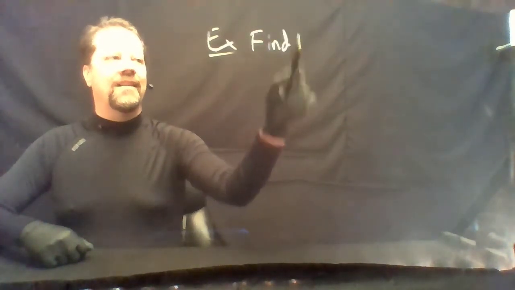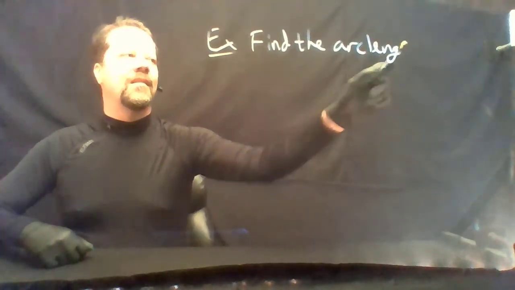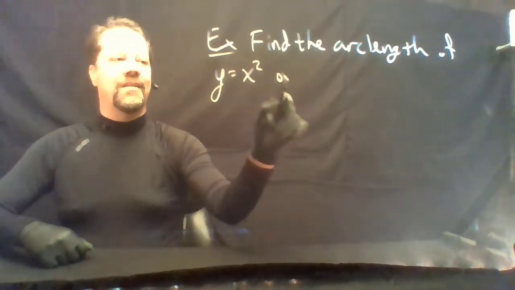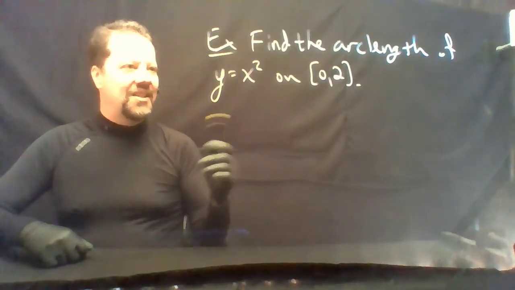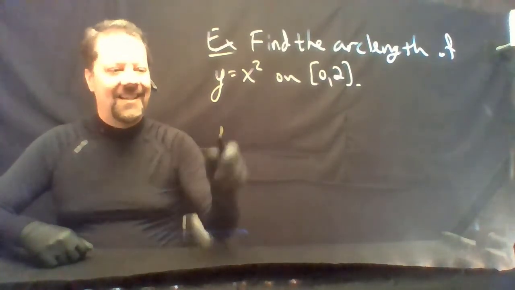In our next example, we're going to find the arc length of the curve y equals x squared on the interval from 0 to 2. You'll remember these arc length problems almost always go straight to hell. You'll see that here.